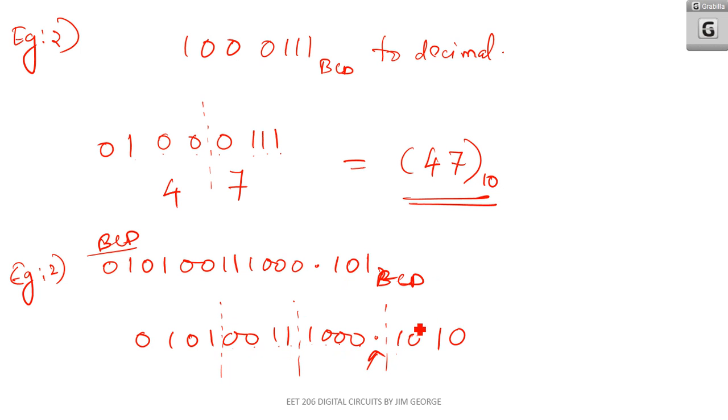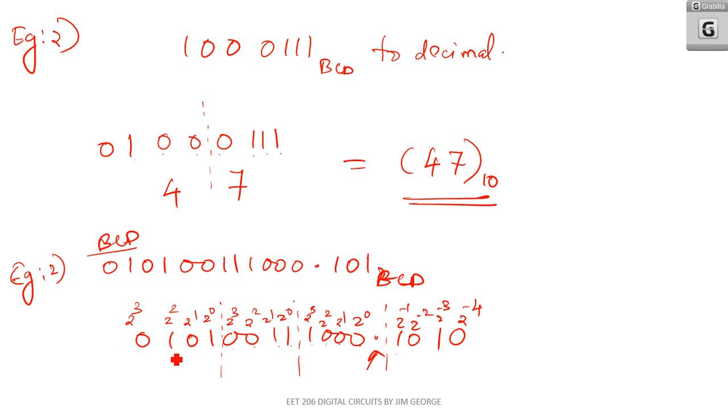But after the radix point, you should take it as 2 raised to minus 1, 2 raised to minus 2, 2 raised to minus 3, and 2 raised to minus 4. Now here, how will you write it? It is 2 power 0, 2 power 1, 2 square, 2 cube.